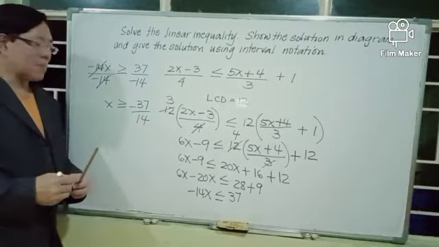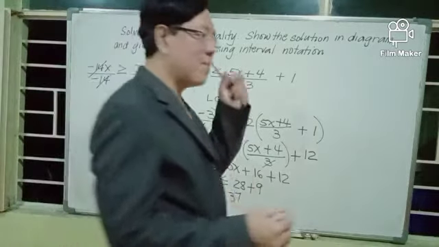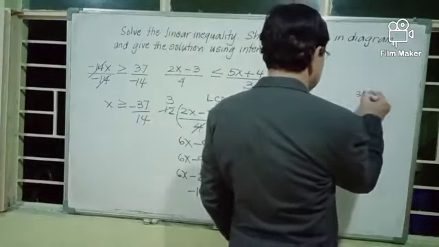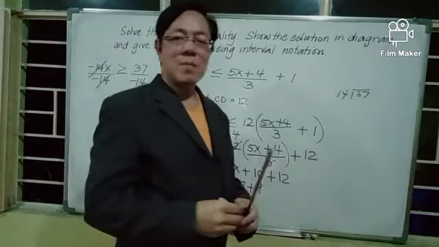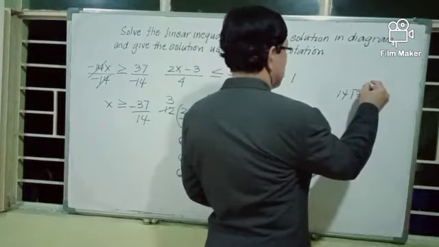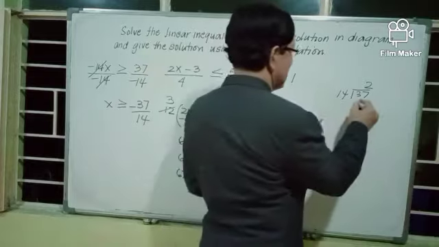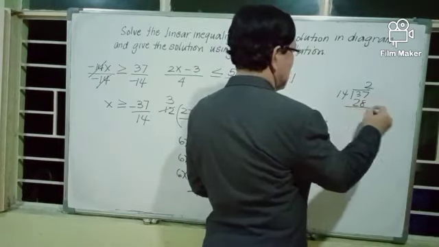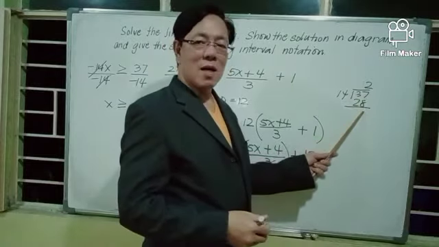Negative 37 over 14. If we divide 37 by 14, 37 divided by 14 is 2. 2 multiplied by 14 is 28. And 37 minus 28 is 9.